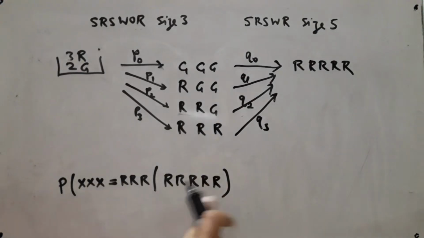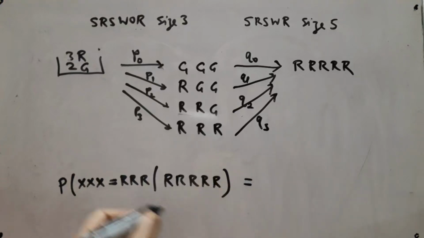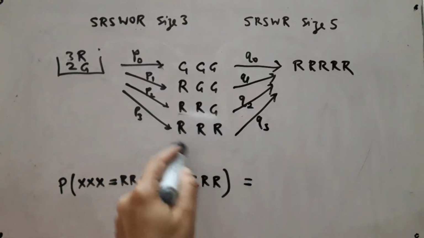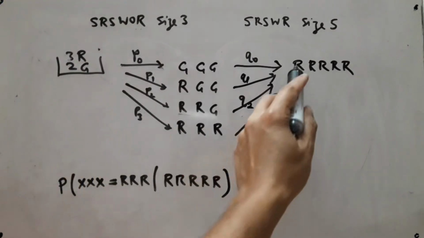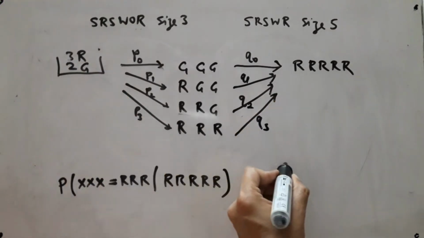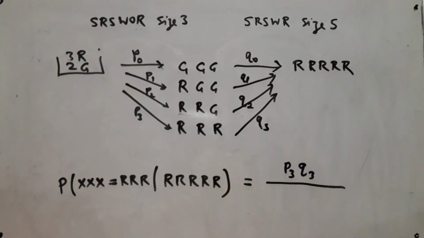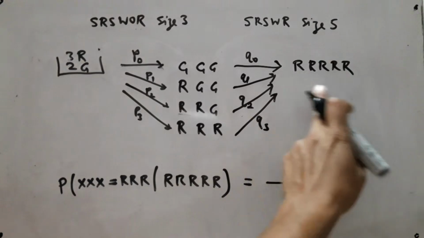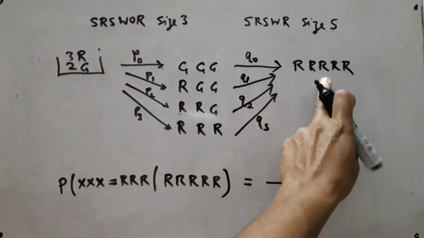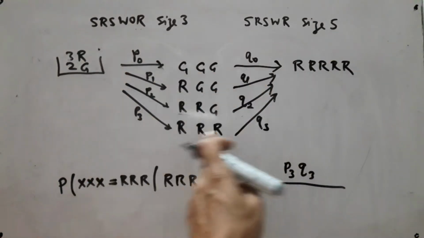Now, this was computed in this pictorial intuitive way. You are interested in this particular thing. So find out the probability of this path, that was P3 Q3, and you divide that by the probability that you at all come to this. Now you can come to this following any of these 4 paths.